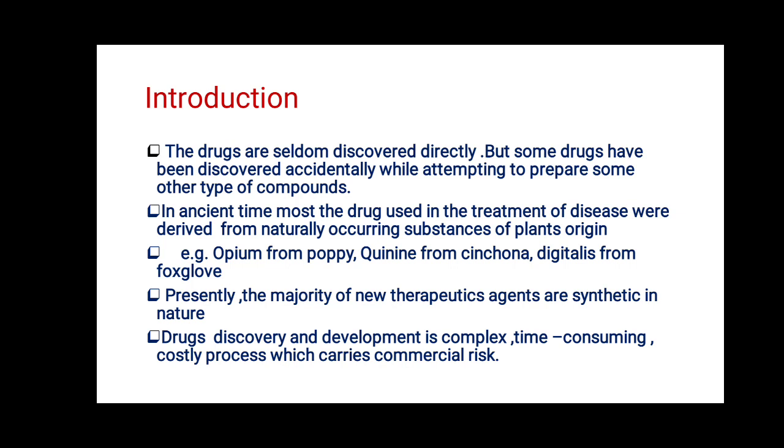Presently, the majority of new therapeutic agents are synthetic in nature. Actually, drug discovery and development is a complex, time consuming and costly process which carries commercial risk, and most drugs are discovered accidentally.